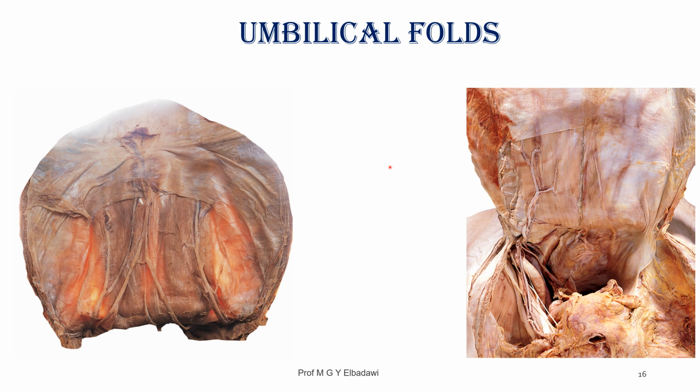Lastly, these are the umbilical folds which can be seen from the inner aspect of the anterior abdominal wall after reflection of that anterior abdominal wall, as you can see here in these cadaveric specimens. In the middle line, this is the median umbilical ligament, which represents the remnants of the urachus, which is attached to the apex of the urinary bladder.